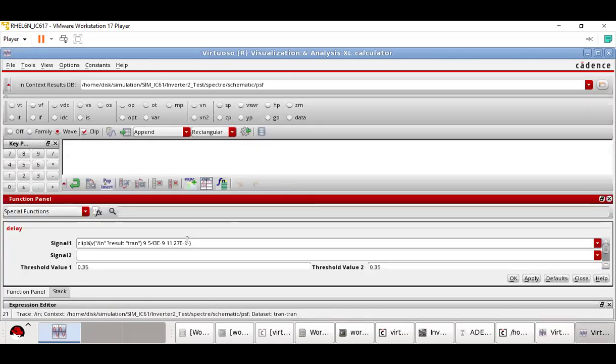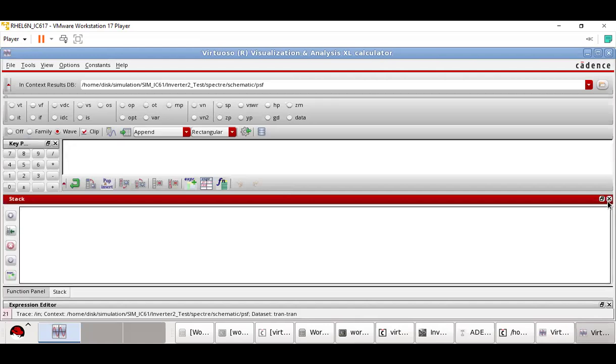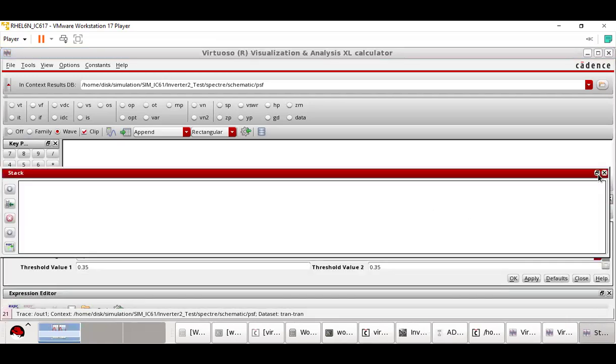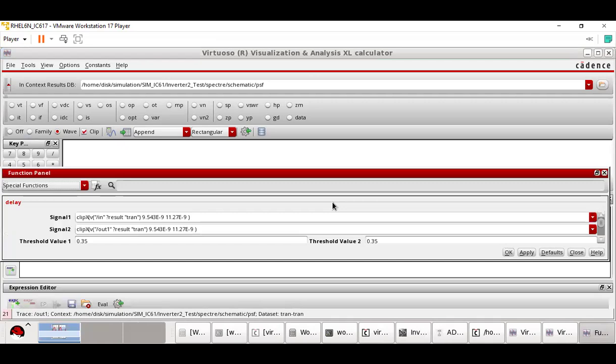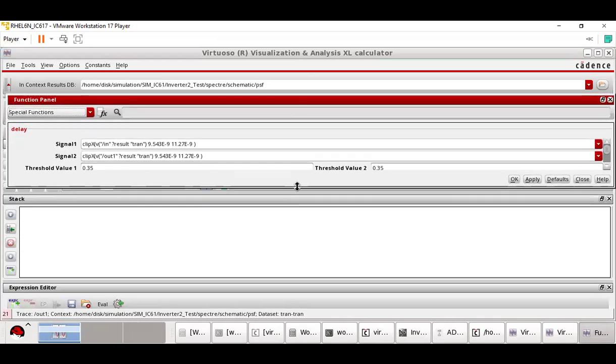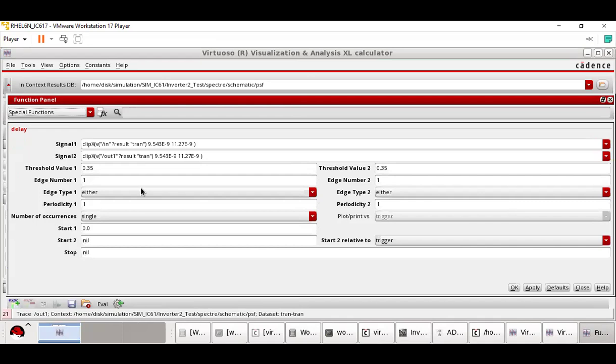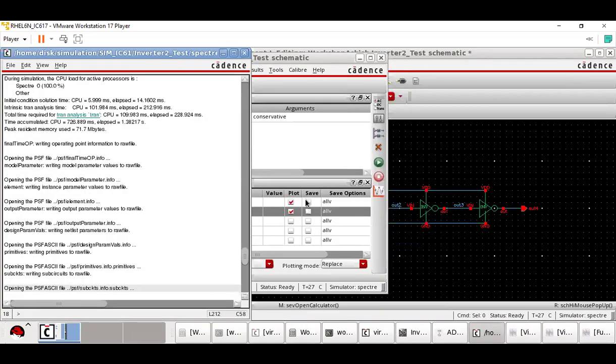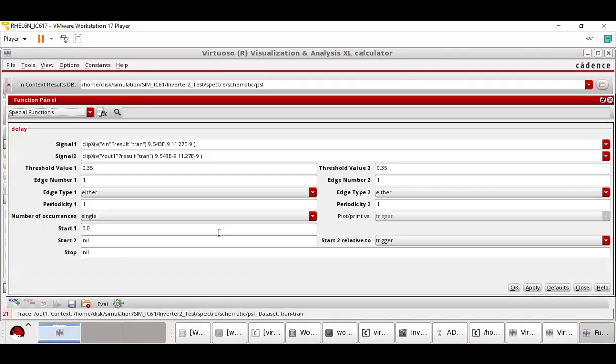This is your signal 1. And there you have signal 2. Right? So you see this. Now I have taken the two signals and I want, when input is getting low and output is getting high. So in this case, you take H type.